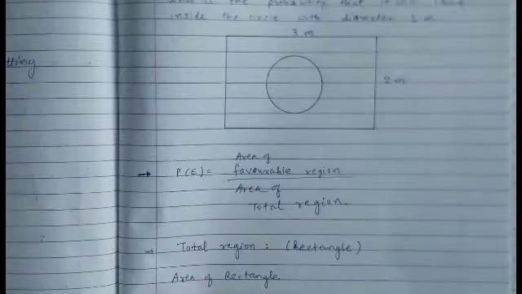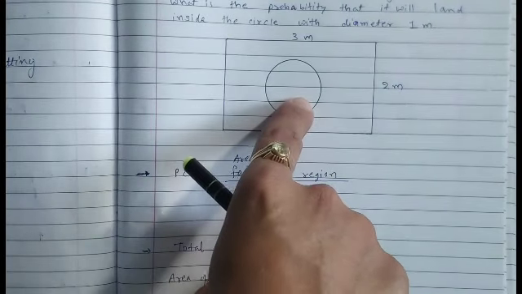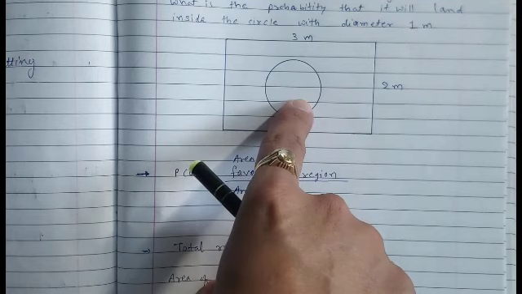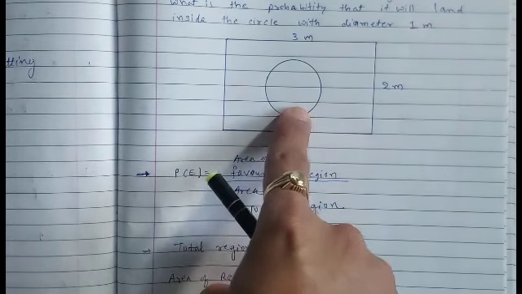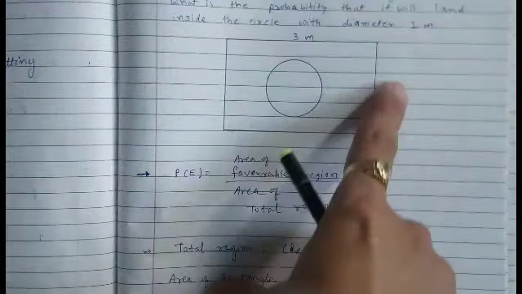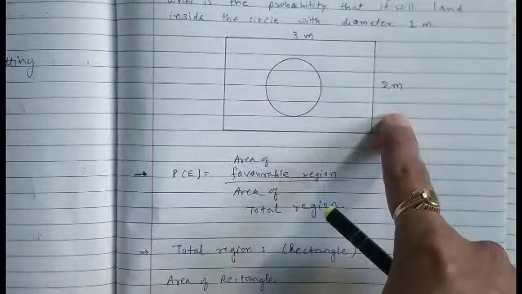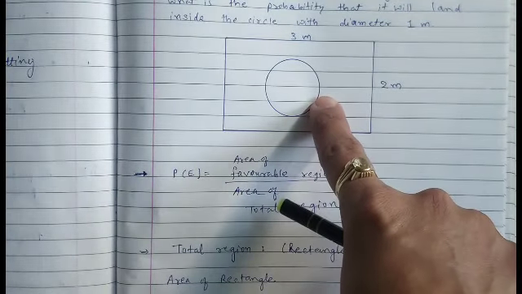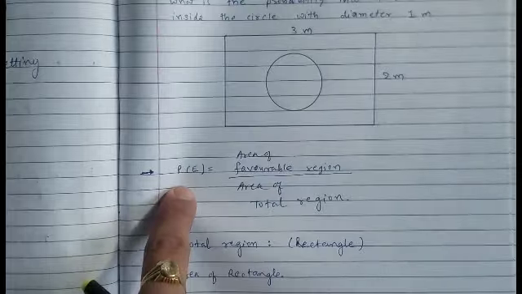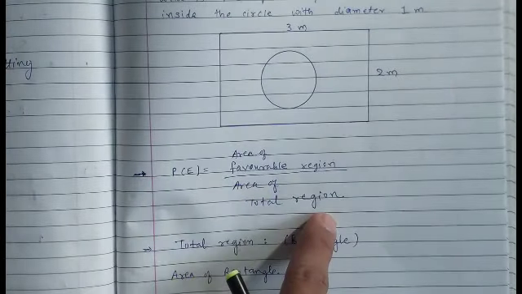So the favorable thing is not the number of outcomes, but the area of the favorable region, and the area of the total region. Here the total region is a rectangular region and the favorable region is the circular region. So the formula becomes P of E equals area of favorable region upon area of total region.